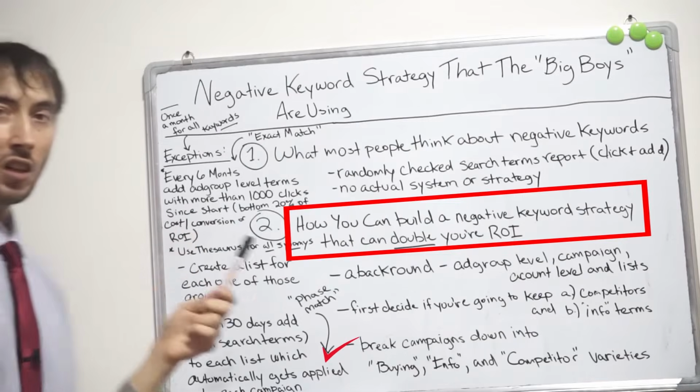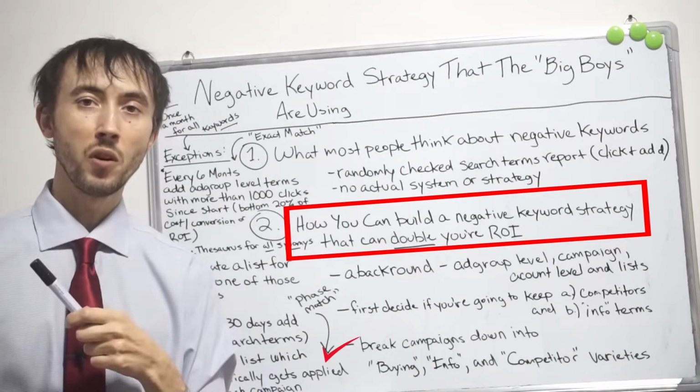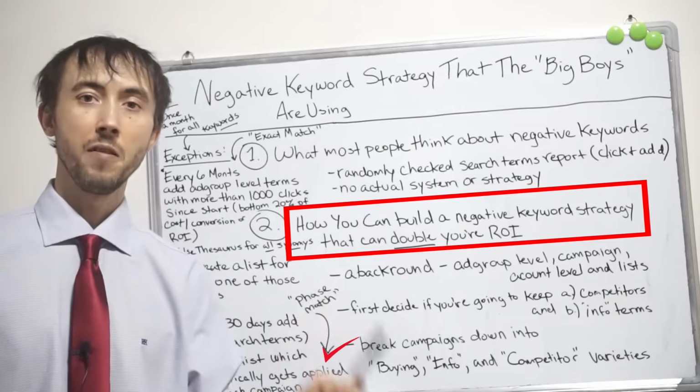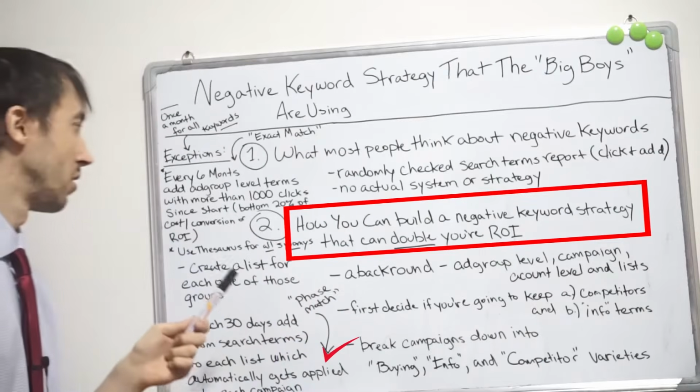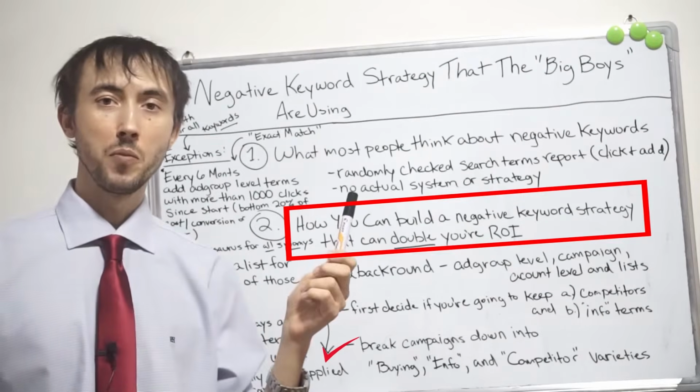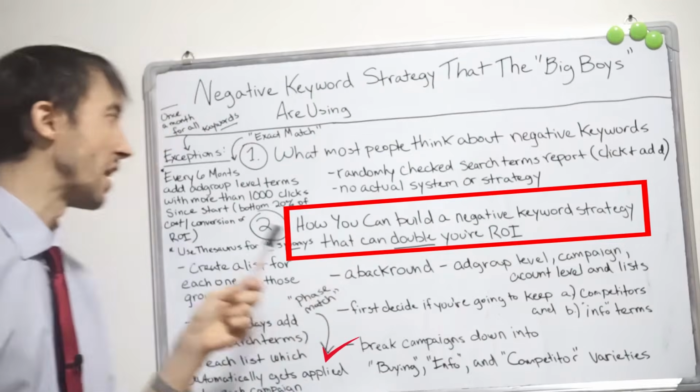In terms of those, every 6 months you're going to go into the search terms report in every ad group in the account, specifically because this takes more data.